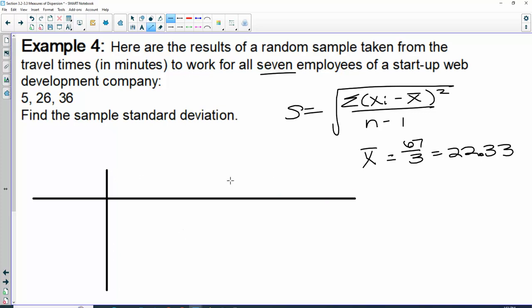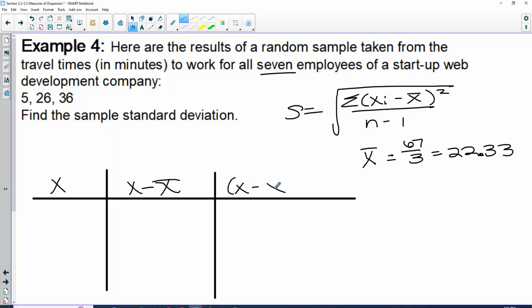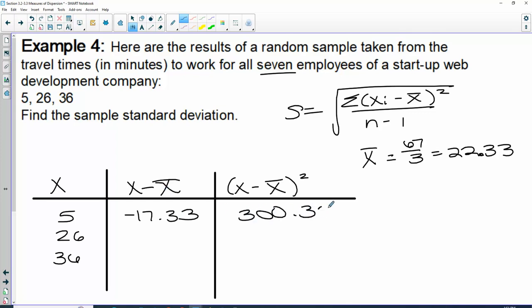Going to find my standard deviation. We will do our value minus the mean, and then we'll square it. 5 minus 22.33, squared. 26 minus 22.33.